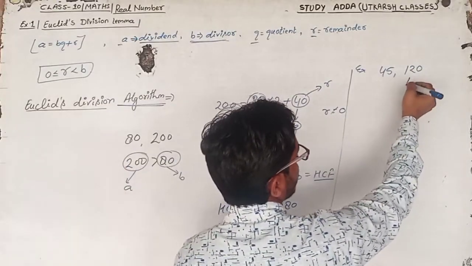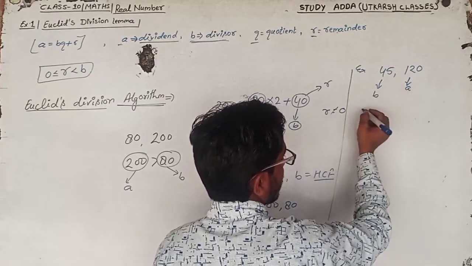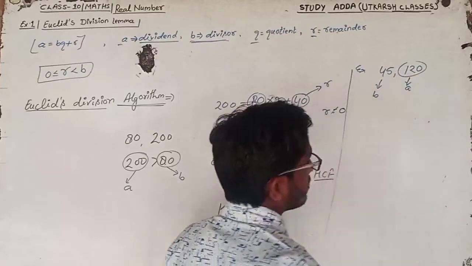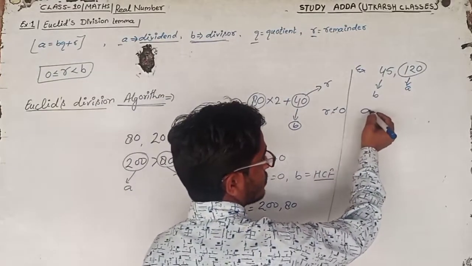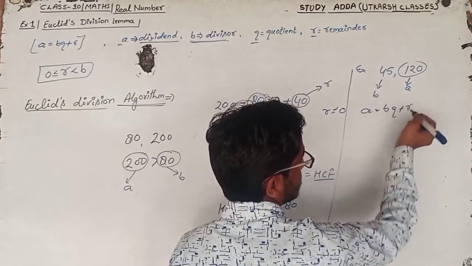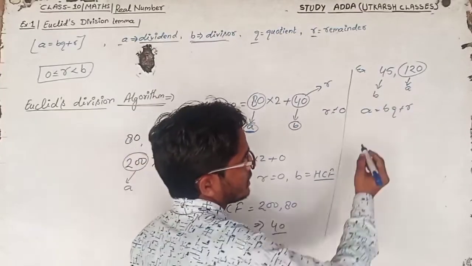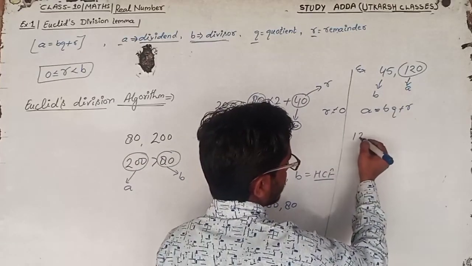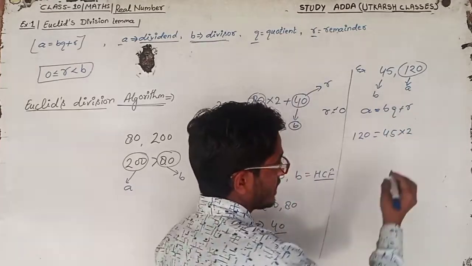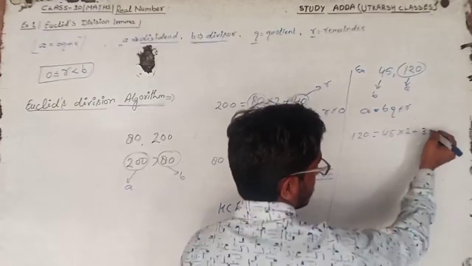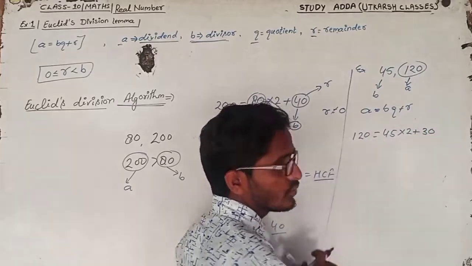Now we consider 120 as A and 45 as B. Now we use the Euclid division algorithm, A equals BQ plus R. So we write 120 is equal to 45 multiplied by 2, which leaves the remainder 30. Clear? Because 90 plus 30 is equal to 120.